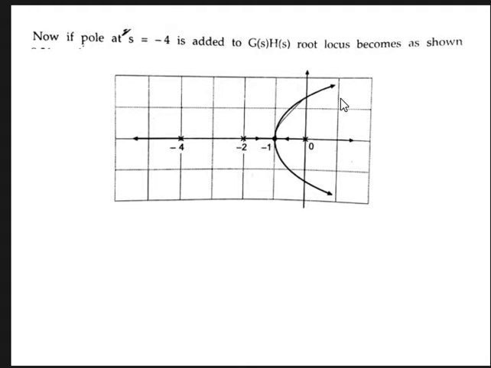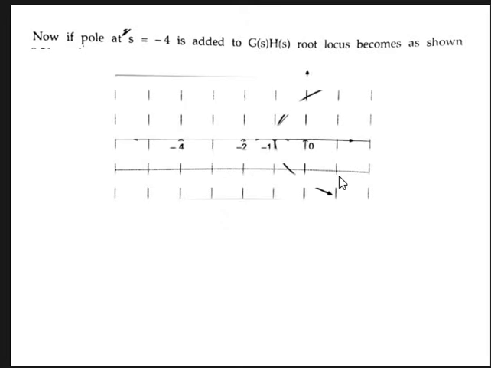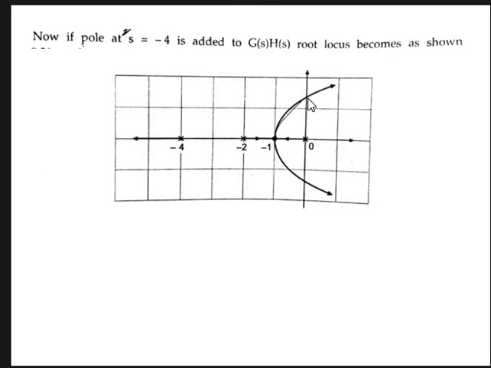So here the root locus is shifting towards the right half of the s-plane. In case 1, the root locus does not touch the imaginary axis. But in case 2, the root locus touches the imaginary axis, so the system stability is reduced compared to the first case.